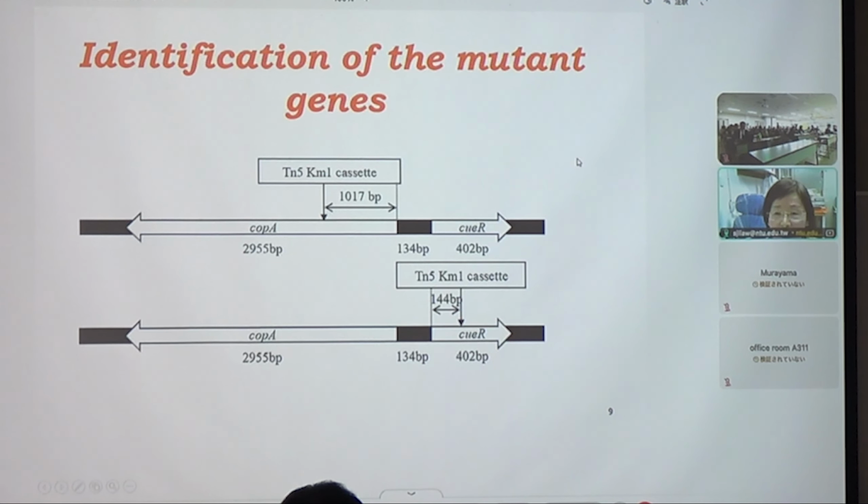And several mutants were isolated, and we identified the genes disrupted by the transposon in each individual mutant, as this shows: the copA and the QR and the transposon insertion site here.